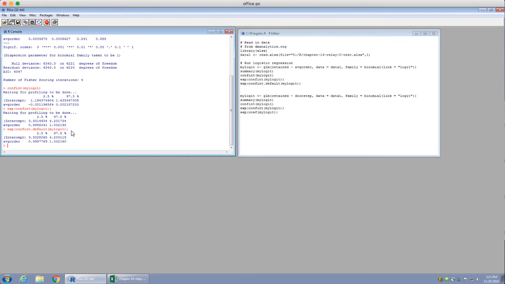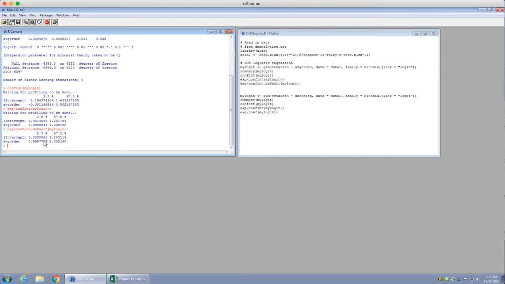The bottom one is the one that uses the standard error, and the top one is what we use for cloglog. There's a little bit of difference, but you probably notice that the values are almost identical. The one using the standard error is probably the most commonly used, and it is the default.